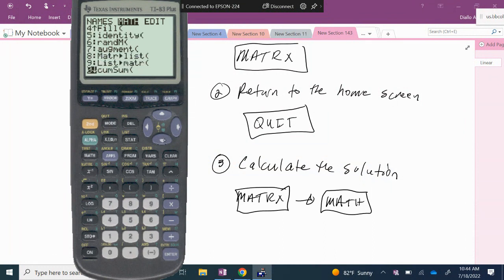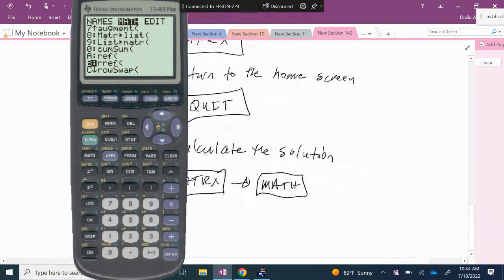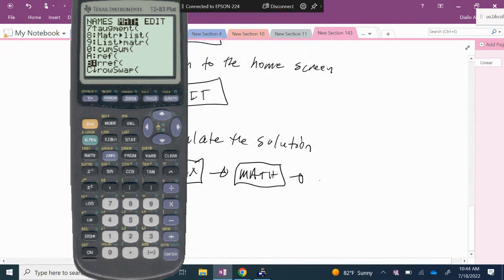I'm going to scroll down to RREF. Now there's a REF and there's a RREF. You want to make sure that you use RREF, and that's short for reduced row echelon form. So once we scroll down to RREF, you want to hit enter.